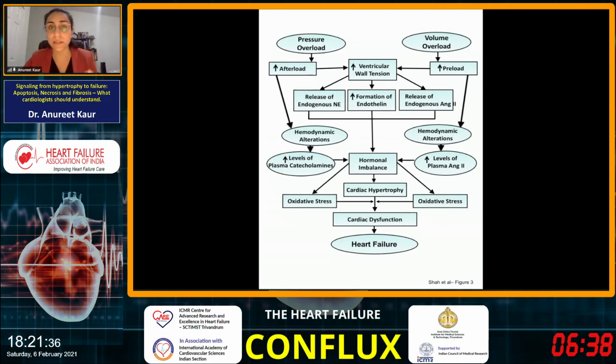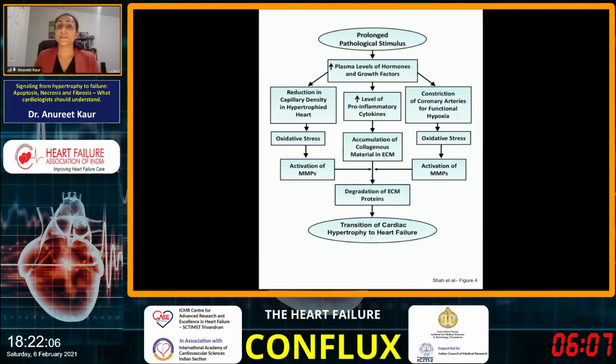We can see endothelin release, and then we have endogenous norepinephrine and angiotensin. All these lead to hemodynamic alterations, and the hormonal level is again increased, and this can again cause oxidative stress, which will eventually convert the silent cardiac hypertrophy into dysfunction and eventually to heart failure.